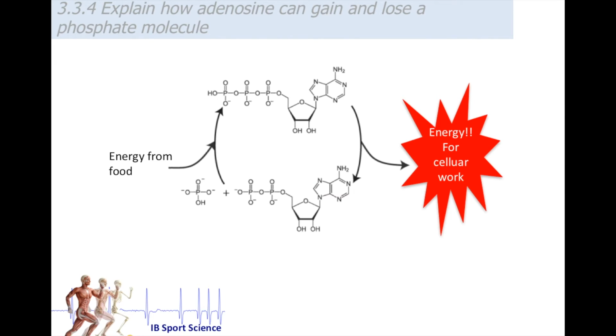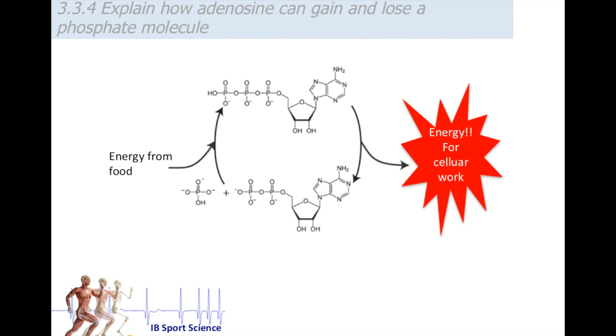So energy from our food comes in, and it resynthesizes, or rebuilds, ADP plus a phosphate into ATP, which is then broken down when we need to use it for energy, breaking it back down into ADP and a phosphate. That energy can then be used for whatever our body needs it for.